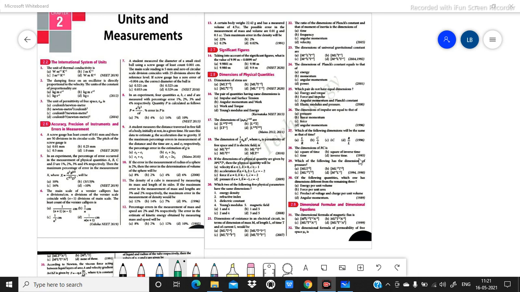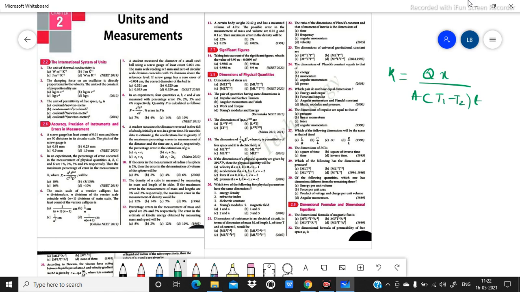So let's get started. Question number one asks what is the unit of thermal conductivity. If I write the thermal conductivity formula, I get directly K equal to Q x divided by A (T1 minus T2) into t.